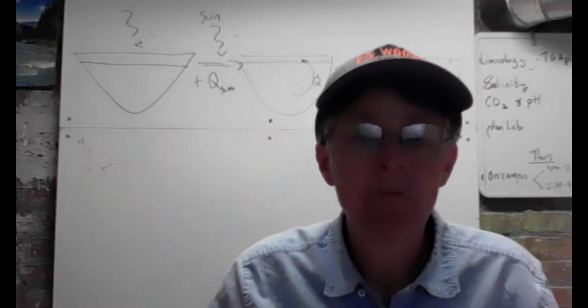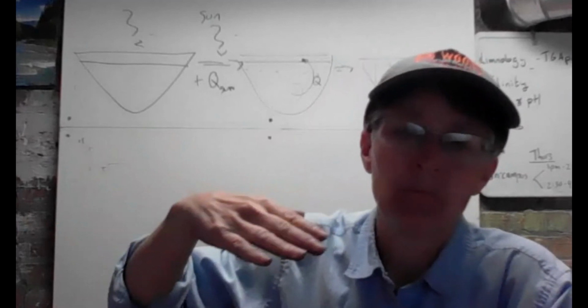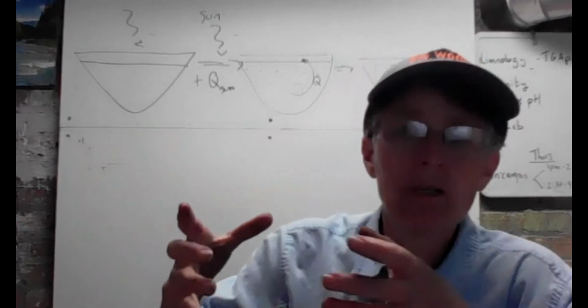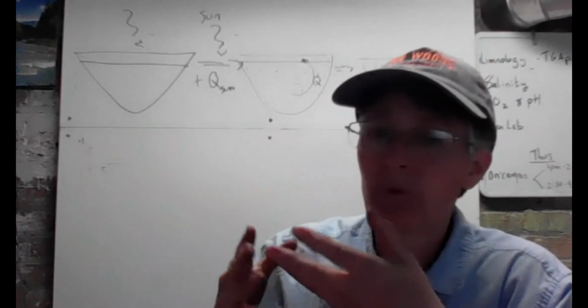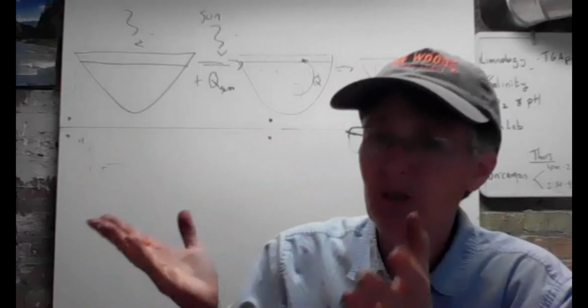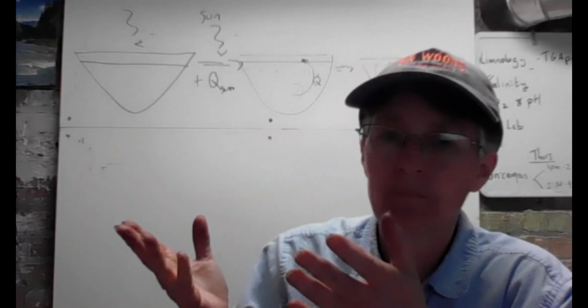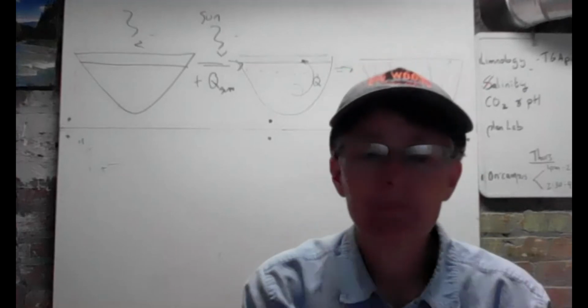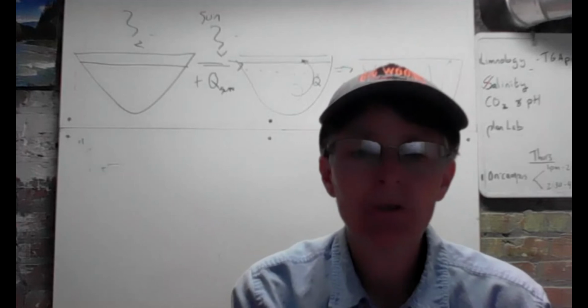But yeah, so how much heat does the lake absorb? Well, there's so many kilojoules per square meter per day. There's so many days, so many square meters. That's the total amount of heat. Does that answer the question?